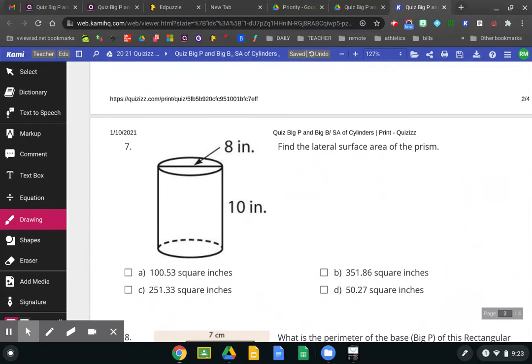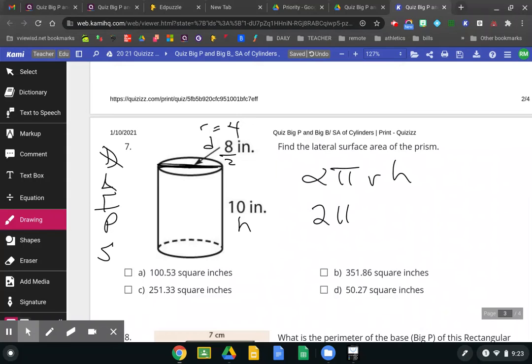All right, number 7, find the lateral area. Draw, label, formula, plug in, solve. The draw's done. Label: that 8, since it's a cross right here, guys, is a diameter. Always figure out the radius. Divide that by 2, comes out to 4. 10 is your height. Lateral is 2 pi rh, so 2 pi times 4 times 10.